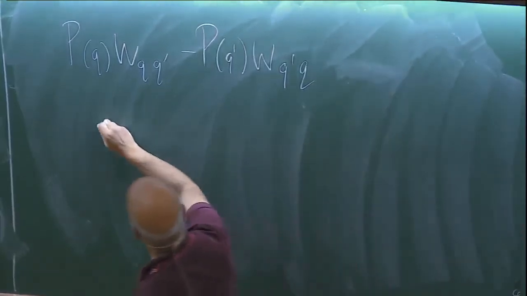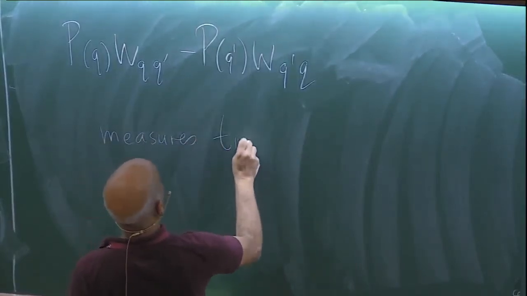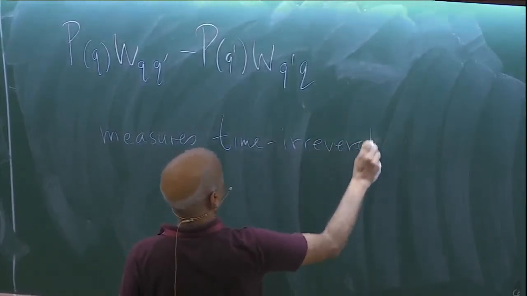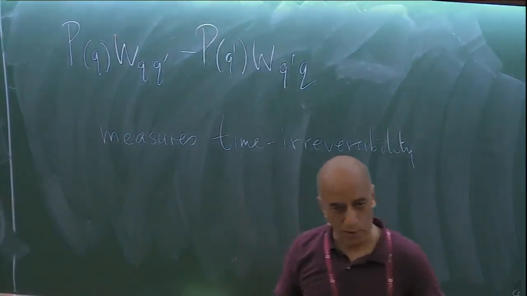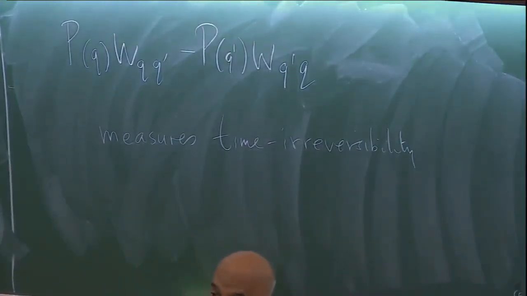It measures time irreversibility. It measures the difference between forward and backward. So if you have a stochastic process for which this is zero identically for all pairs Q, Q prime, that's a time reversal invariant steady state.